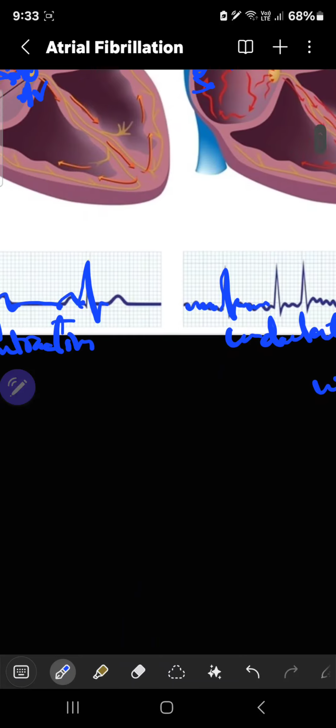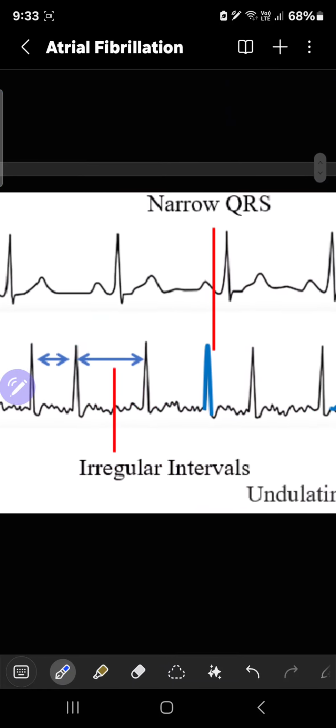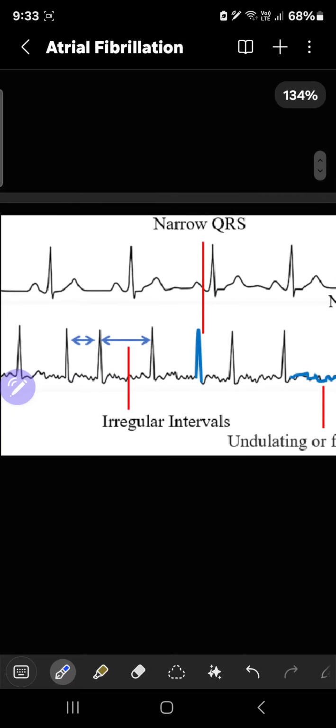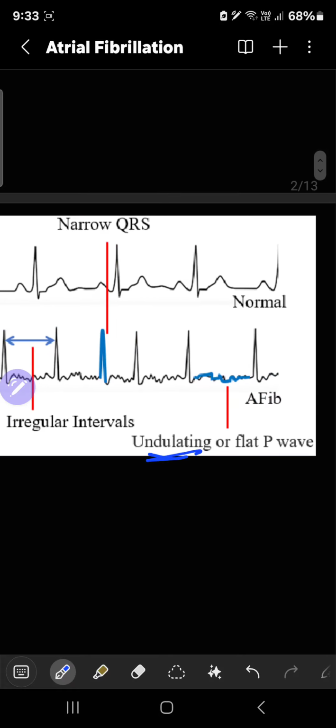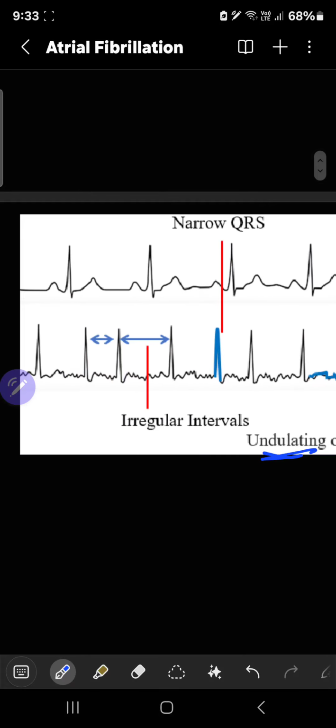In some ECGs you can see an undulating or a flat P wave in this pattern followed by QRS, or you don't see any P wave. You simply see a QRS followed by a T wave.